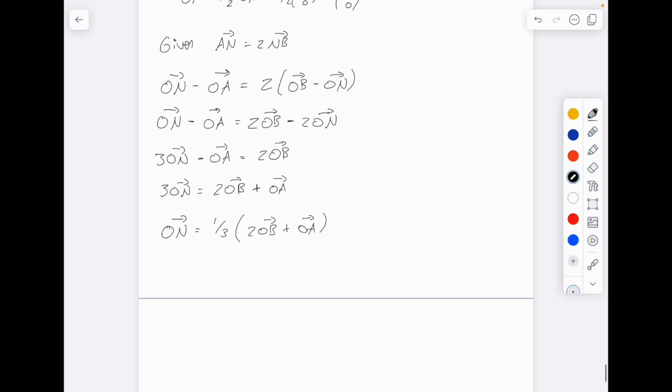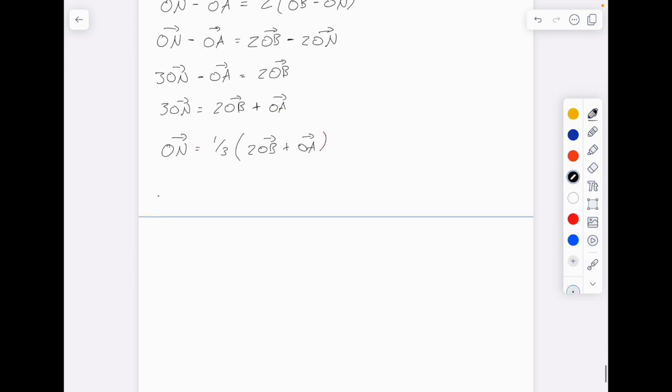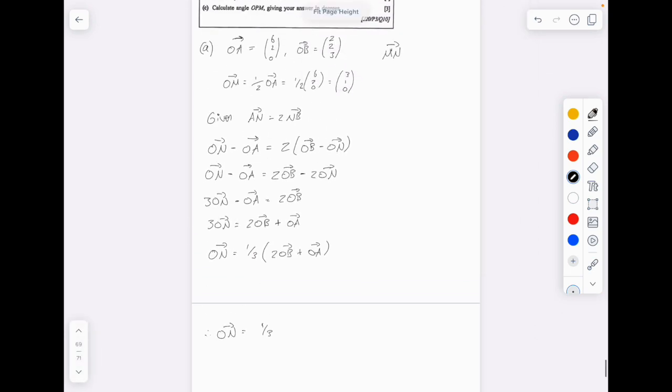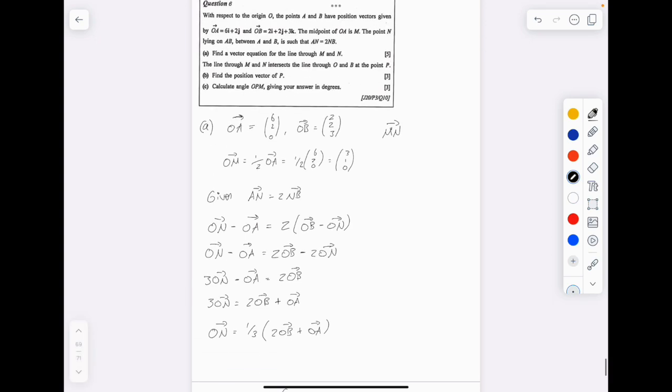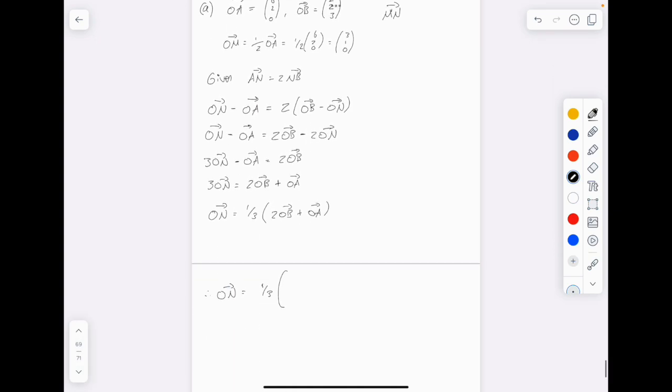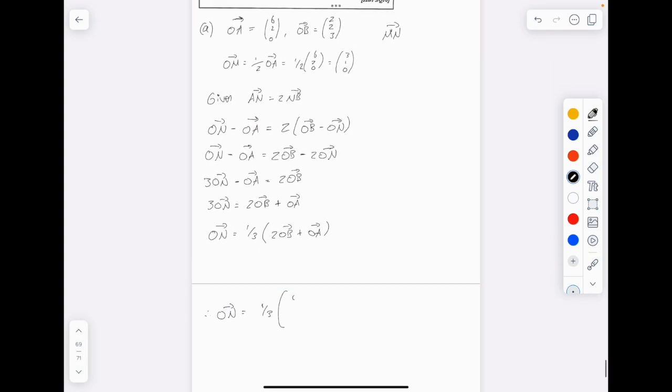So now we know the values for these, so we just plug in. So therefore, I can say that ON is equal to a third of 2 OB. Well, what's OB? So 4, 4, 6.